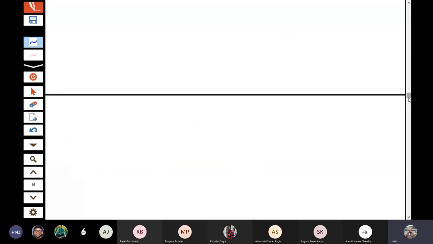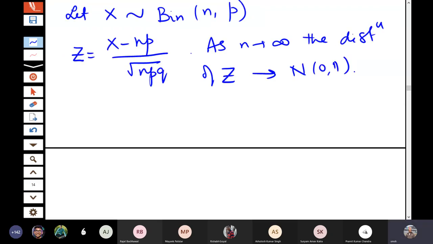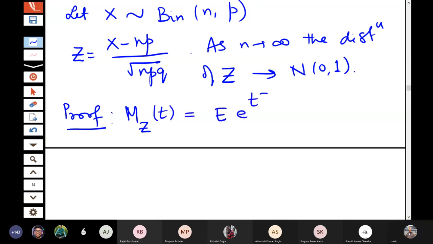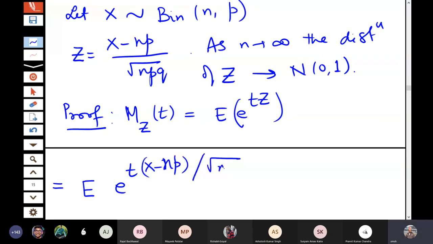Of course, it is named after Bernoulli, Laplace, etc. Let us look at the proof of this. That is the expectation of e to the power t times (x minus np) divided by root npq.